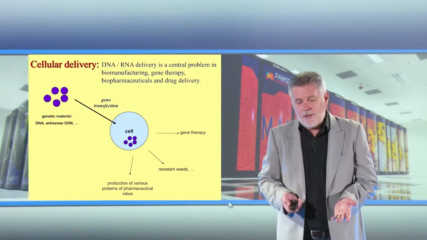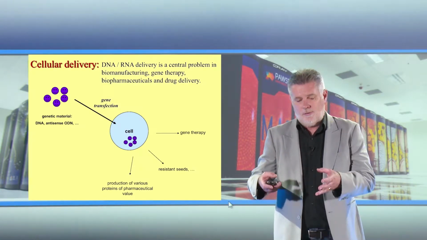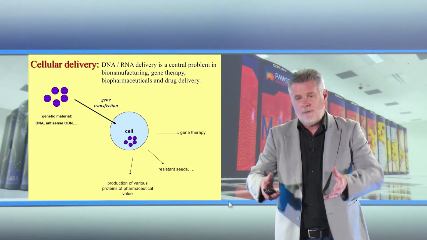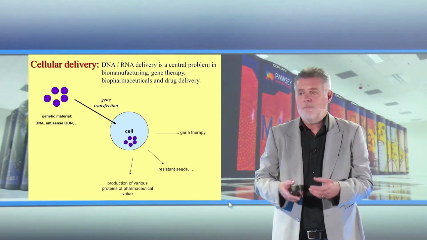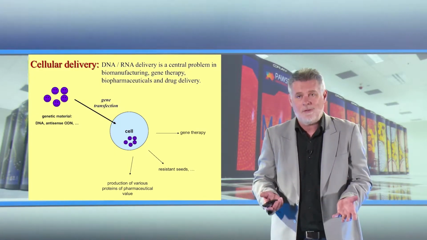In drug delivery, basically you need to have some carrier system, maybe a polymer, it may be a nanoparticle, which will grab onto your drug, protect and shield it from degradation, and ultimately deliver it to the cells where it needs to get into.